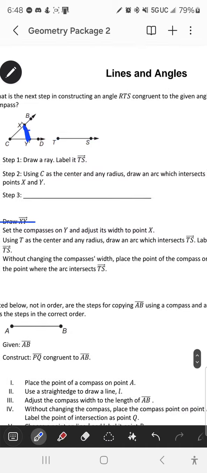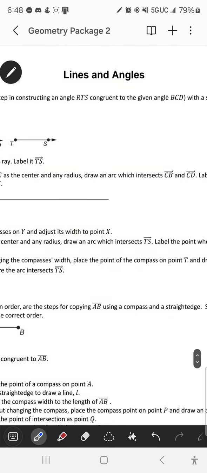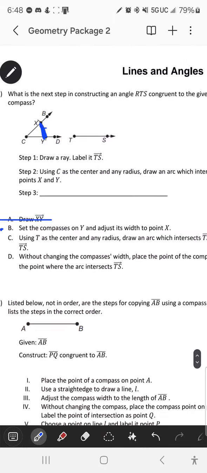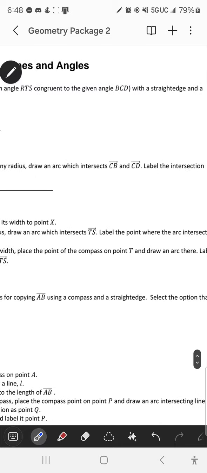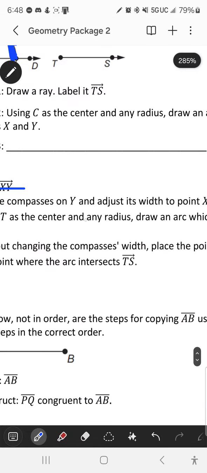Now, using T as the center and any radius, draw an arc which intersects TS, label the point where the arc intersects TS. Now, yeah, we do need to do that, but we cannot use any radius. That's wrong.